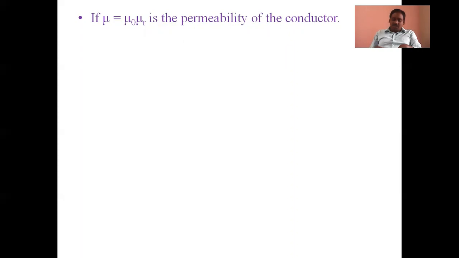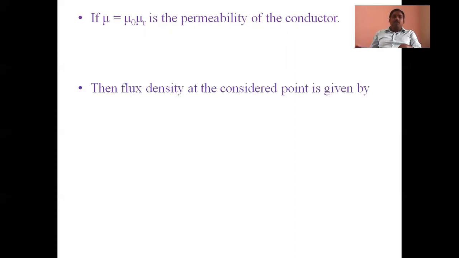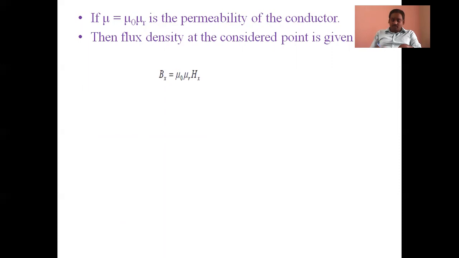Then substitute the Hx value in the flux density: Bx is equal to mu naught into mu r into Hx. Is it right or wrong? We know the value of Hx, so that Hx value can be substituted in Bx, giving mu naught mu r into x by 2 pi r square into I.